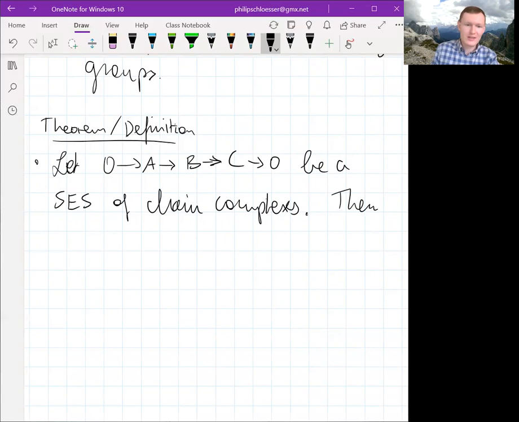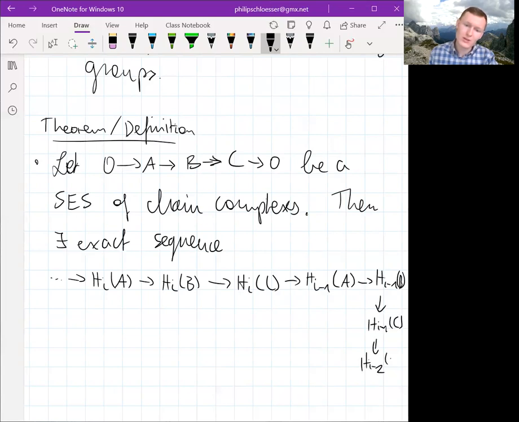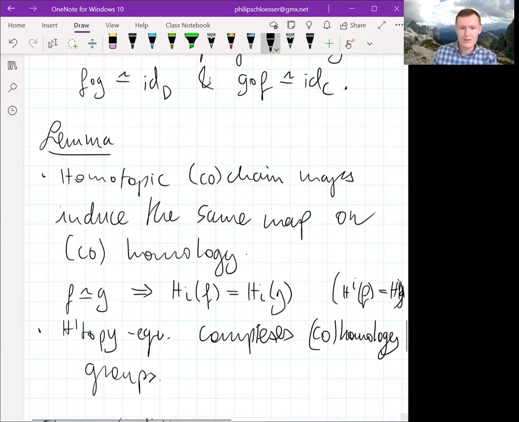Then we have an exact sequence of the homology groups. Namely, we have H_i of A, then H_i of B, then H_i of C, and then we go one level below: H_{i-1} of A, H_{i-1} of B, H_{i-1} of C, H_{i-2}, and so on.